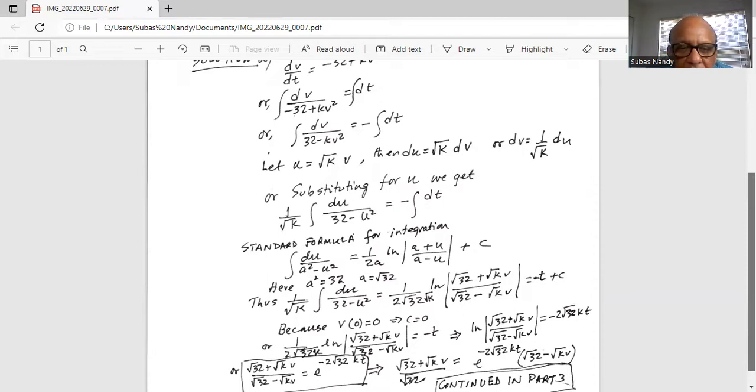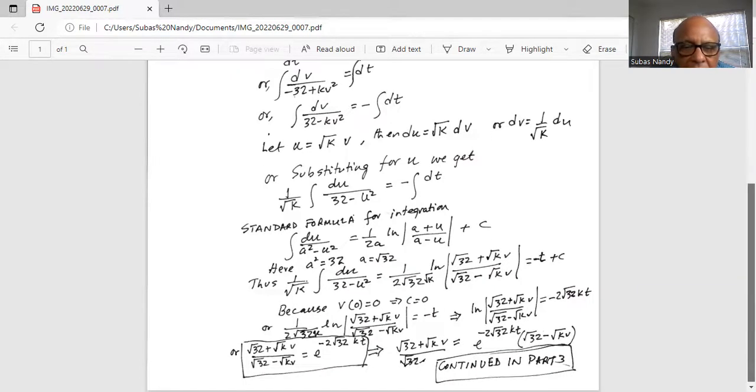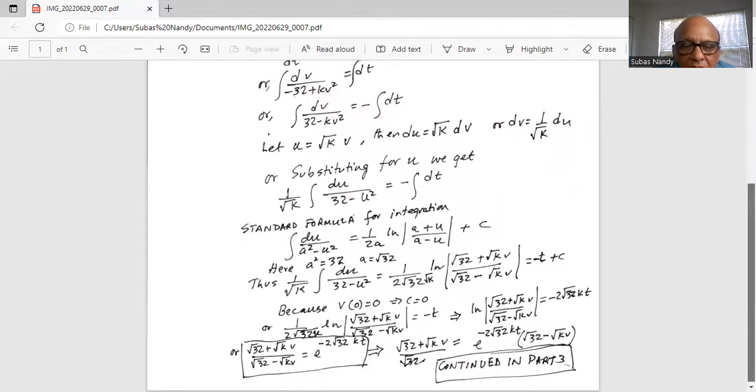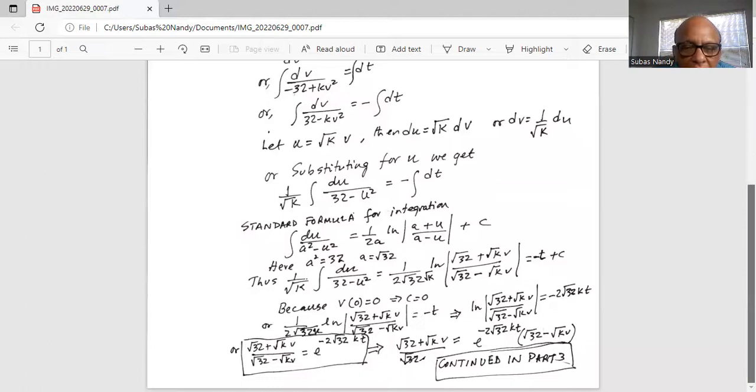And therefore we get 1 over 2 square root of 32k times ln of square root of 32 plus square root of k times v divided by square root of 32 minus square root of k times v is equal to minus t. Basically we proved that c is equal to 0. The constant of integration is 0.